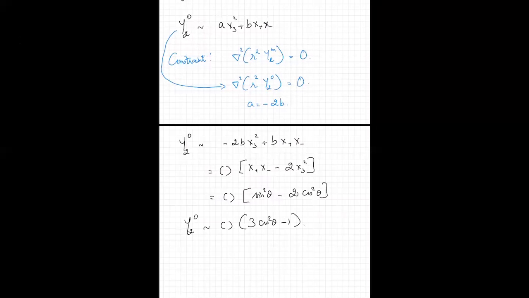This will be the functional form of y20. Again, gotten by just guessing without solving any differential equations. But this is as far as you can go. When you try to guess the form of y31 and y32 and things like that, you will need more constraints. You will need to fix more relative normalizations, and you only have one constraint, so it won't be possible in general, I think.